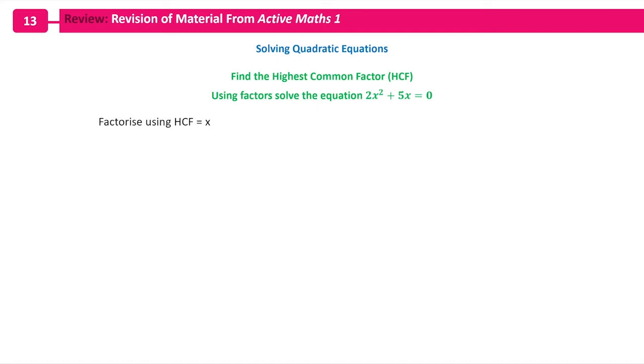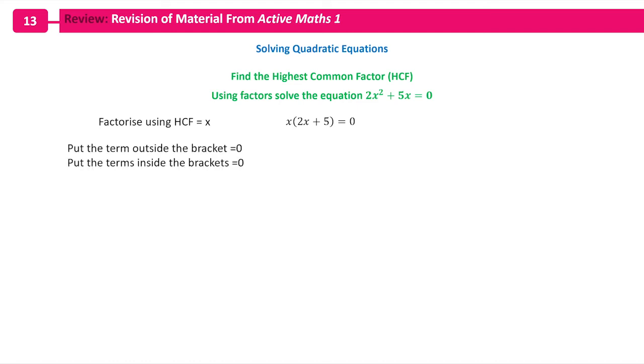Our highest common factor between 2x squared and 5x is x. Write this outside the brackets. x into 2x squared leaves us with 2x. 5x divided by x leaves us with 5. This goes inside the brackets.